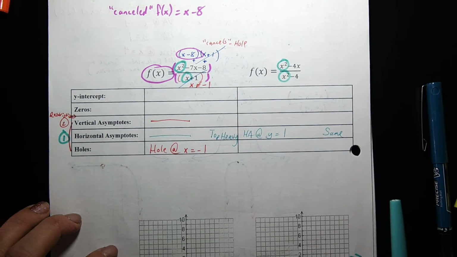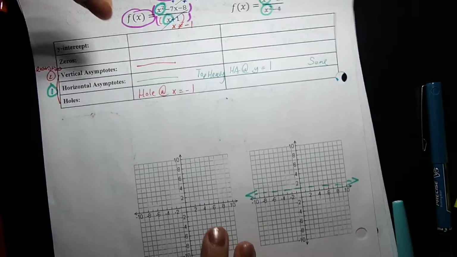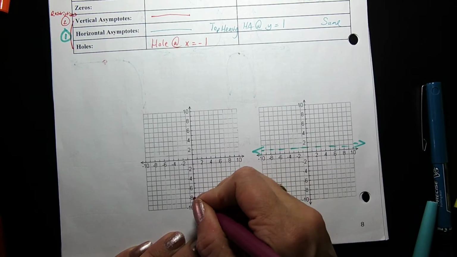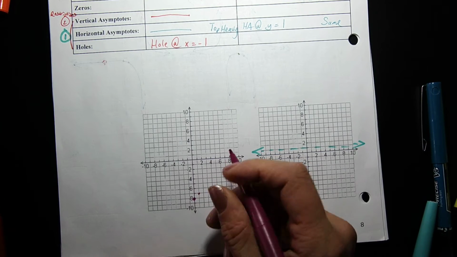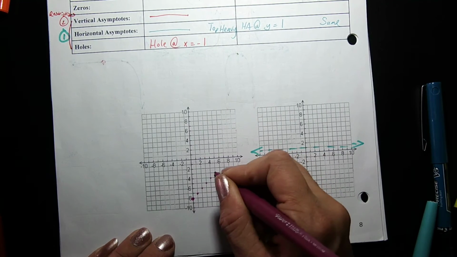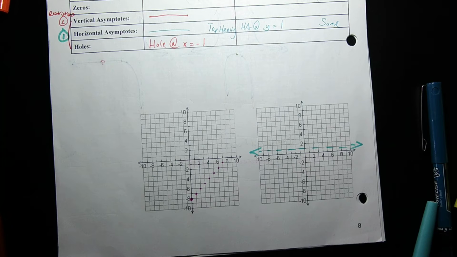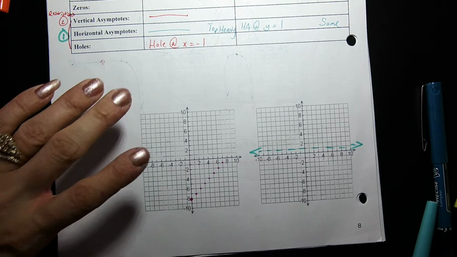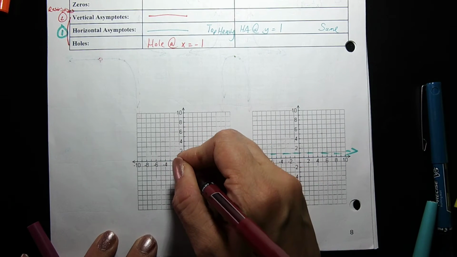So yes, I can still verify that on my calculator, but we can be a little more exact with the graph and with the location of that hole. We can start at -8, that's the y-intercept, and use our slope to go up 1 over 1, up 1 over 1, up 1 over 1. And where do we have a hole? At -1. So folks, if I find -1, it is right here.